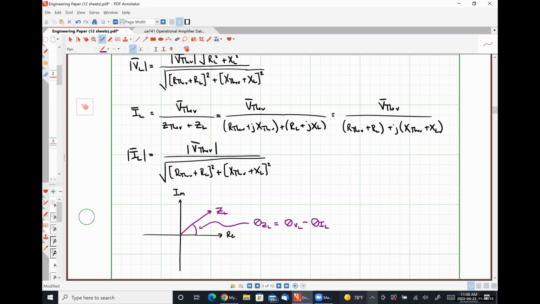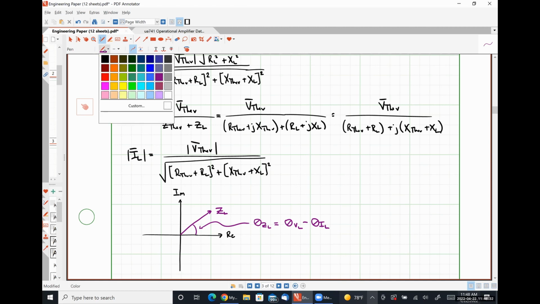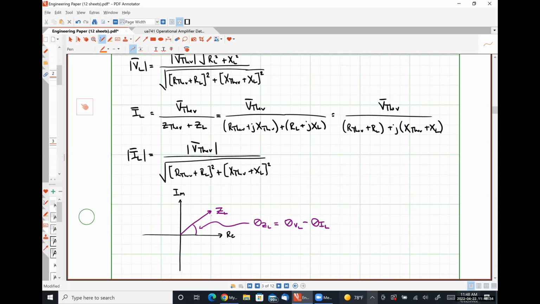From our high school trig classes, the cosine of the angle is what? The adjacent over the hypotenuse, right? Is that correct, or is it the opposite? I think it's the adjacent. Okay. So the adjacent here simply represents the resistance RL.